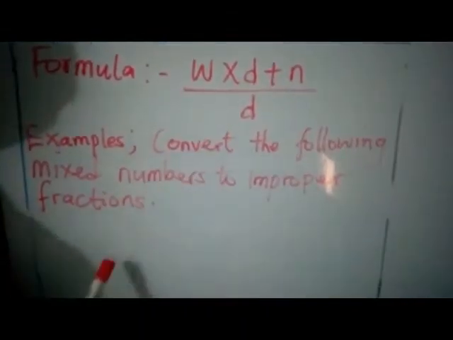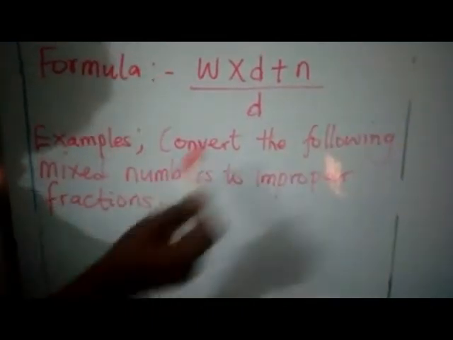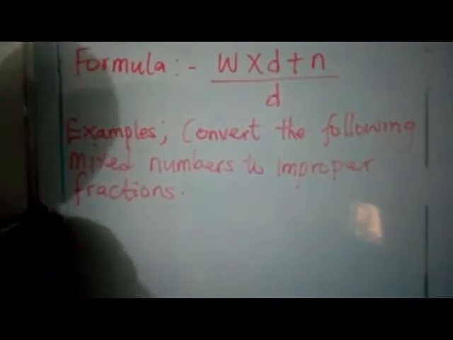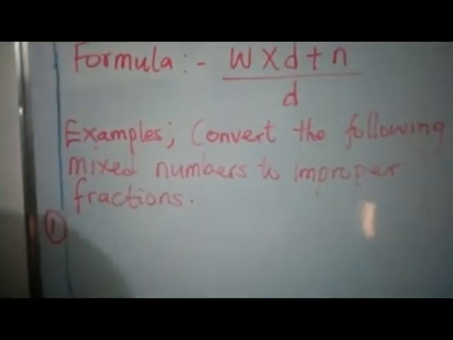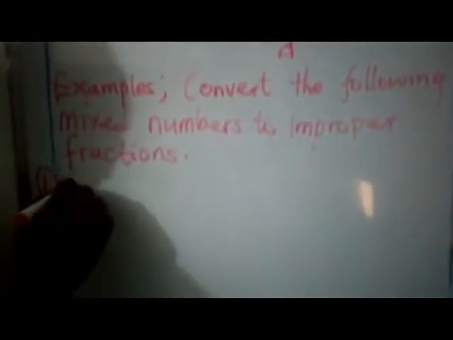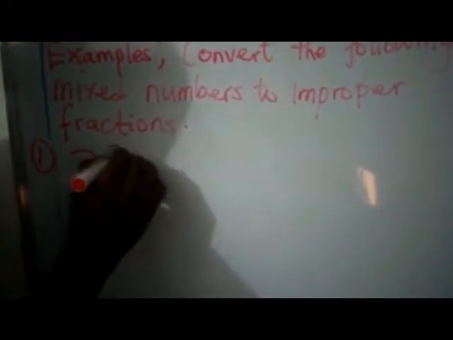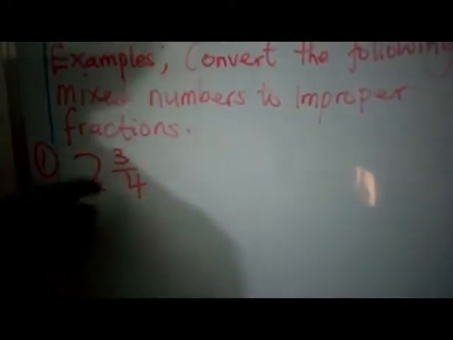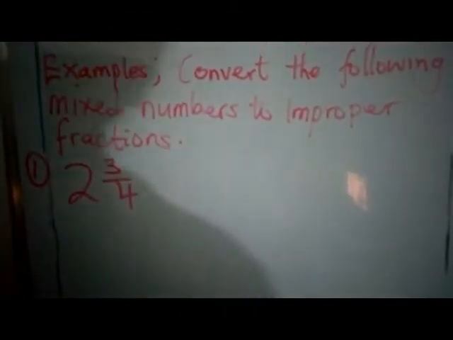I would like us to run through some examples. The instruction says we are to convert the following mixed numbers to improper fractions. The first example is 2 whole number 3 over 4. We are to convert 2 and 3 over 4 to an improper fraction.